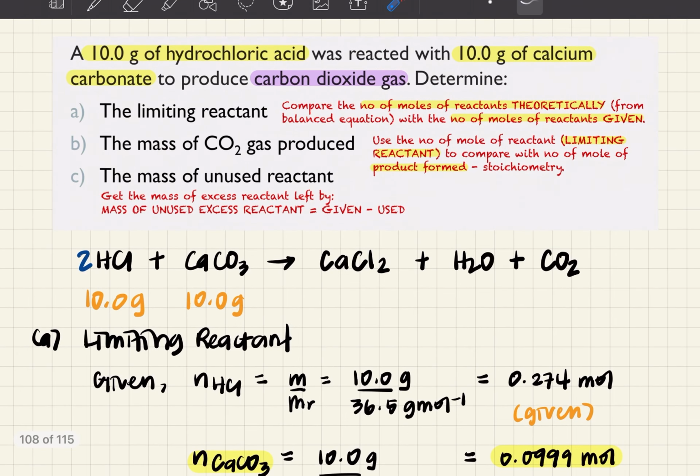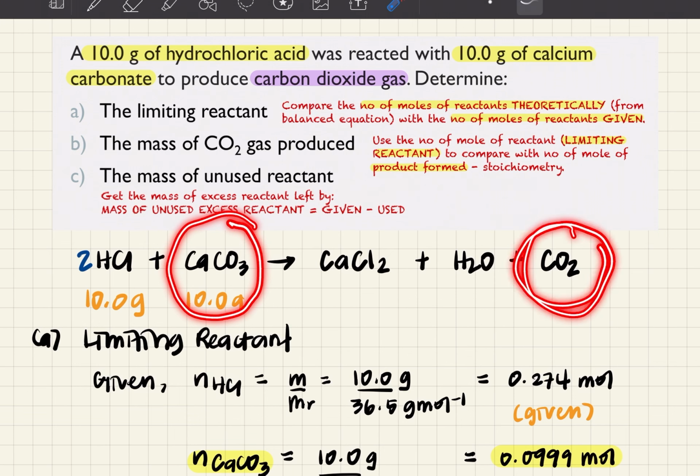Okay, so now that we find the limiting reactant, we can find the mass of carbon dioxide gas that is produced. Okay, so daripada balance equation ni, kita dah tahu yang calcium carbonate will be the one limiting the amount of carbon dioxide product that is produced.